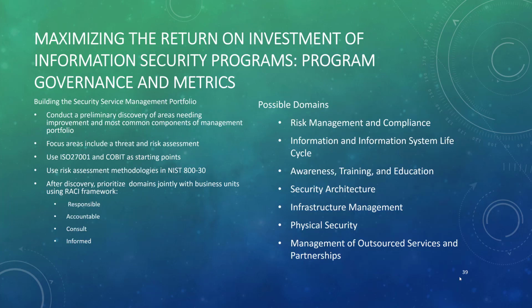What that then leads to is building of a security service management portfolio, a collection, if you will, of services. I'm going to use these to then determine what your priorities are, what you're working on. The article suggests that ISO 27001 or COBIT are great starting points, and of course NIST 800-30 is a great collection for risk assessment methodologies.